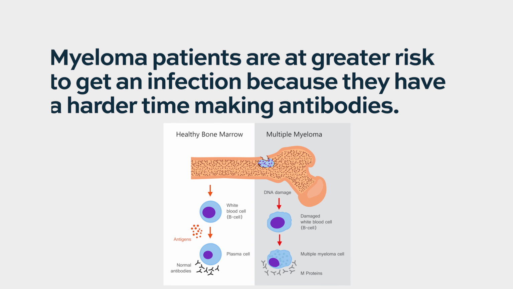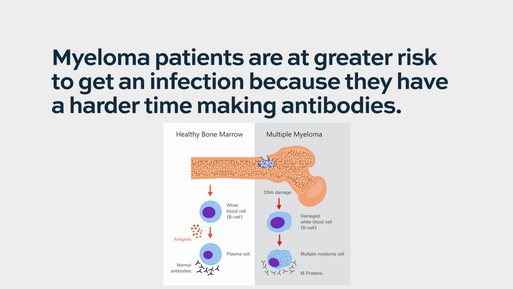So this is one of the reasons why myeloma patients can be more at risk of getting infections like pneumonia, bronchitis, these upper respiratory infections that are normally defended against by antibodies. The disease itself can really interfere with our body's ability to make antibodies, and can be a really big problem for patients with myeloma.